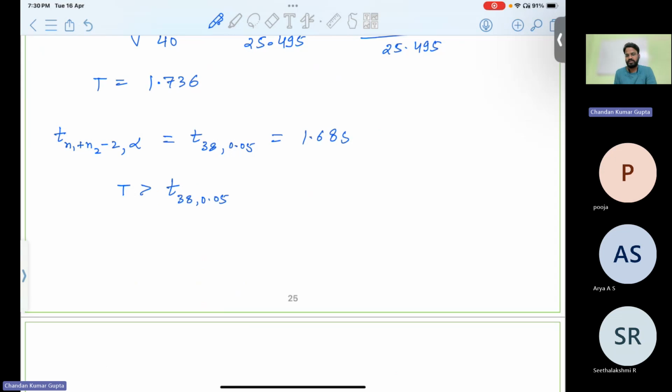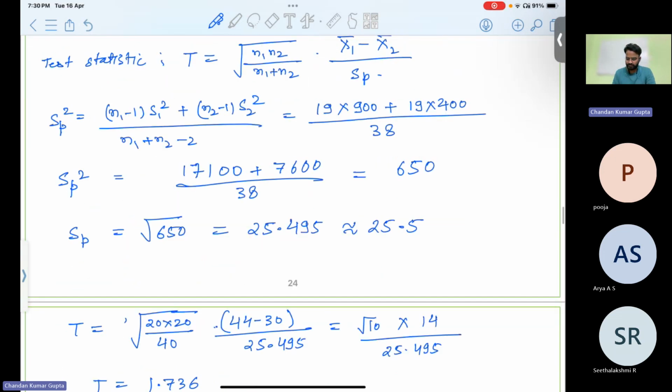That means the calculated value is greater, so we reject the null hypothesis H naught.